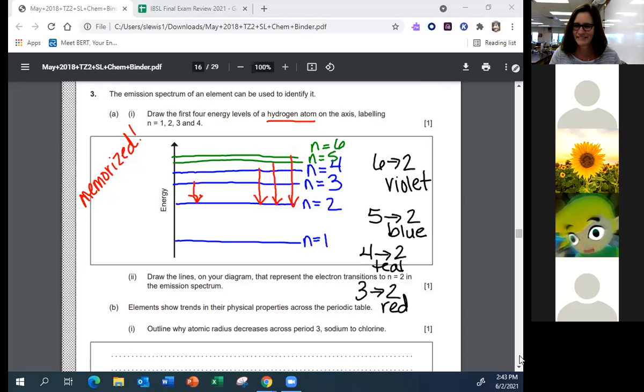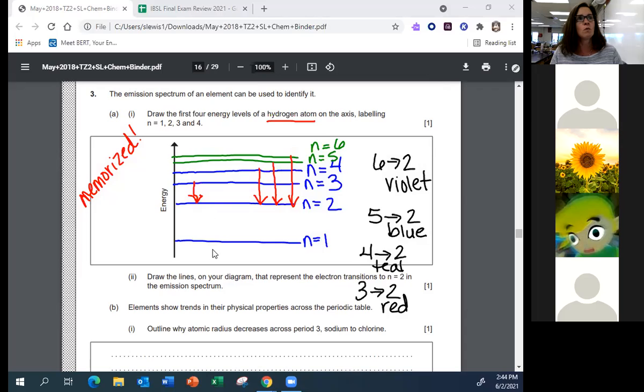How's everyone doing? I have a question. How come there's no transitions from 1 to 2? That's a great question. There are transitions between 1 and 2. However, the amount of energy involved in those transitions is not viewable in the visible spectrum. Okay, so say you had a transition that went from 2 to 1. Now my diagram is not to any particular scale.